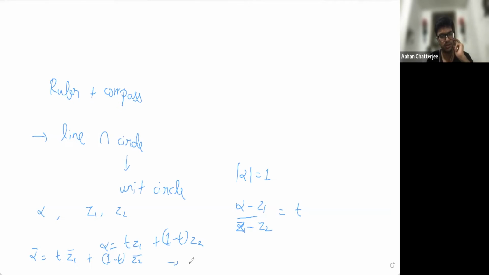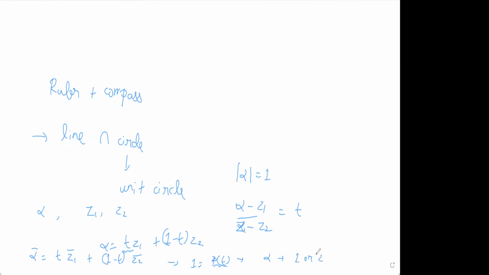When you multiply these two, you get 1 equals P(T), where P has degree at most 2. So this is a quadratic in T. Solving for alpha just means solving for T, and T is a root of a quadratic. So alpha is also a root of a quadratic, and this will have degree 1 or 2.